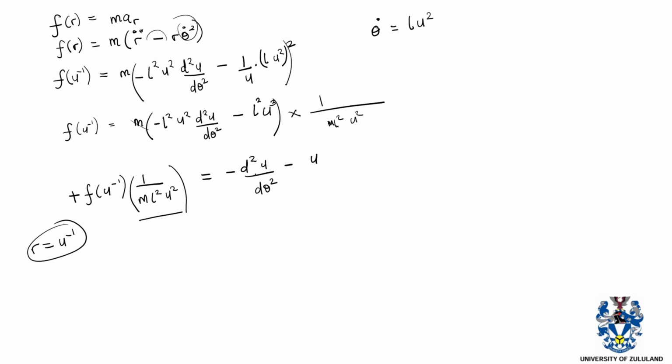There's still a negative here, so you can just factor out the negative and divide by it, such that we remain with negative f of u to the power minus 1 multiplied by 1 over m L squared u squared, which is equal to d squared u over d theta squared plus u.